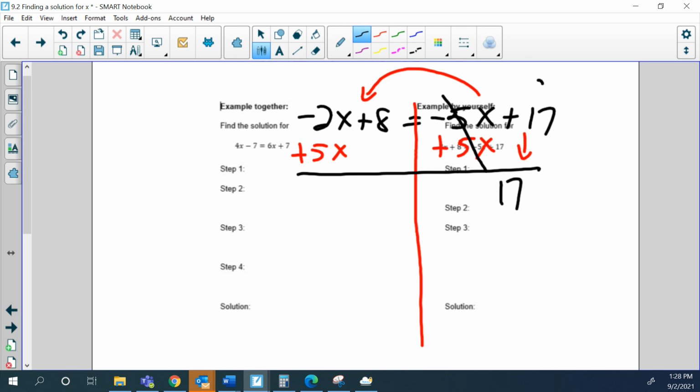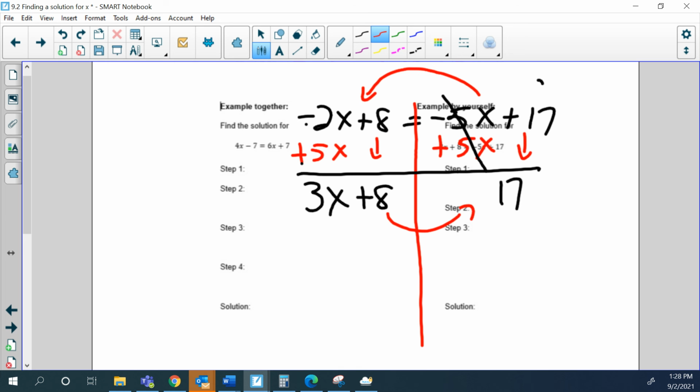So that's all I have left on the right side now. On the left side, I have negative 2 plus 5. If you add those, that gives you 3. So that gives me 3x. And I bring down the 8. That gives me plus 8. All right. Now I need to move the 8, right? Because remember, I need to get all my numbers to the right side. I'm going to move the 8 over to this side.